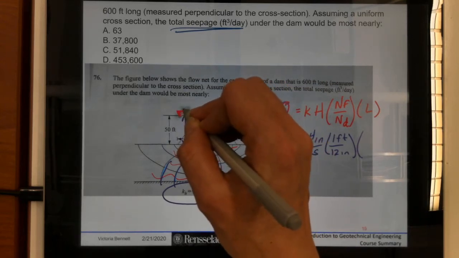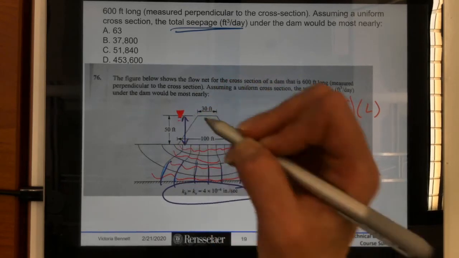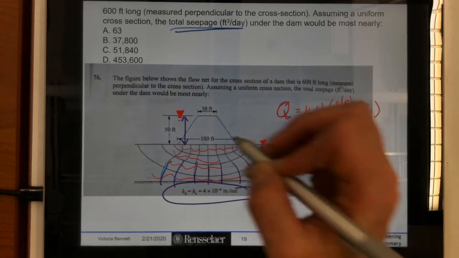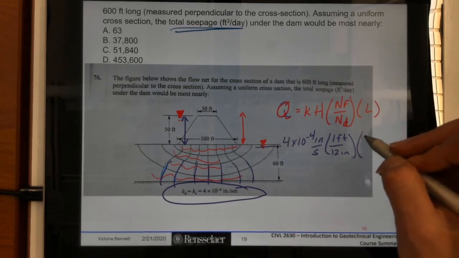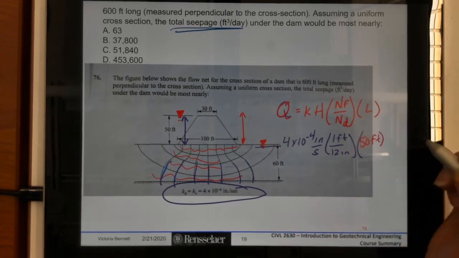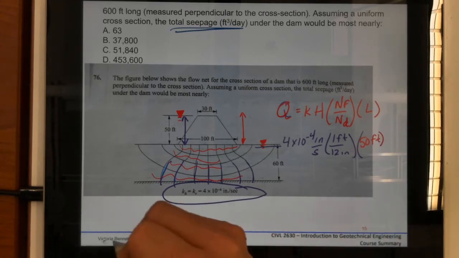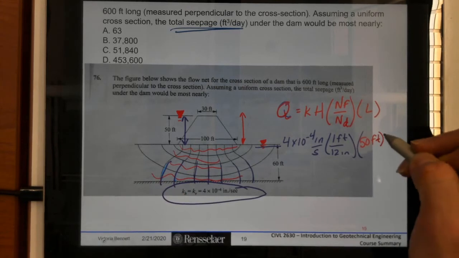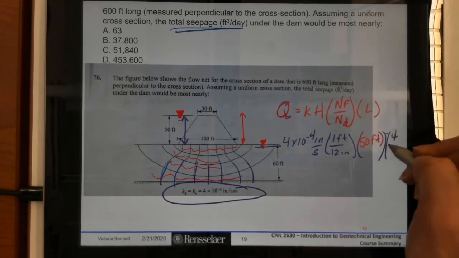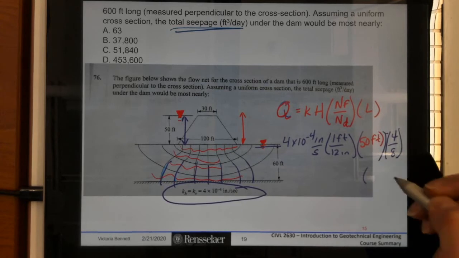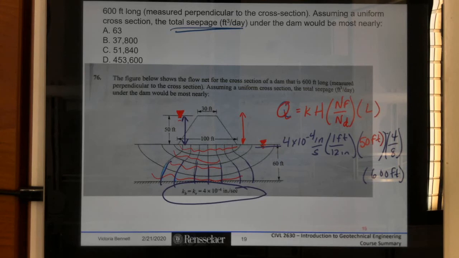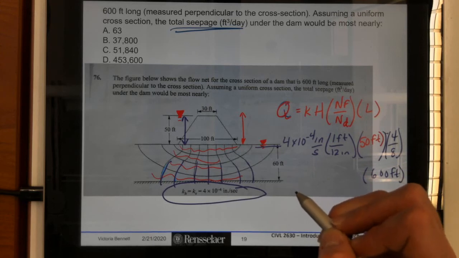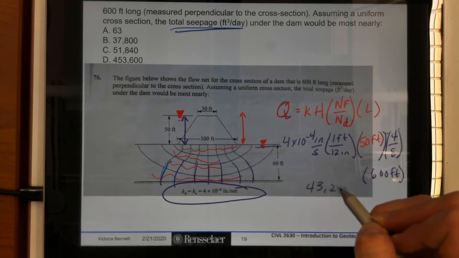The reason that they're slow under this dam is because there's a difference in water elevations from the headwater to the tailwater. That difference between those water elevations is 50 feet. Our shape factor, we said, might be 4/8, and the length of the dam 600 feet. So that was my first guess at this problem. That comes out to be, I think, 4,200.